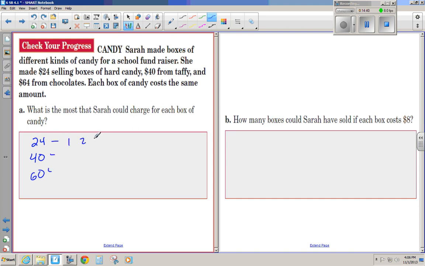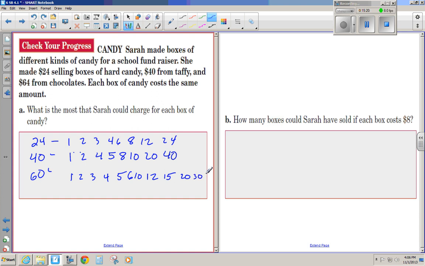24: 1, 2, 3, 4, 6, 8, 12, and 24. 40 is 1, 2, 4, 5, 8, 10, 20, and 40. 60 is 1, 2, 3, 4, 5, 6, 10, 12, 15, 20, 30, and 60.